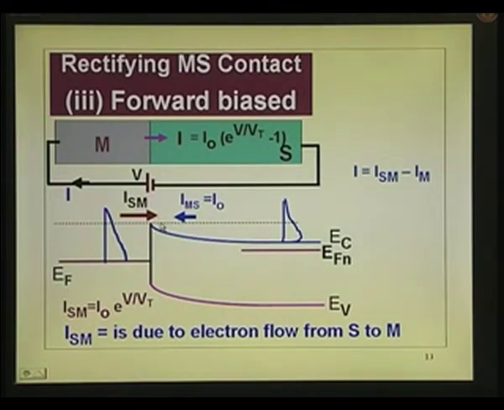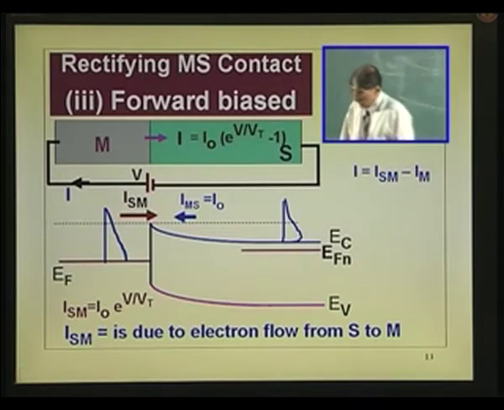So, net current flow is from the metal to the semiconductor. Net current is due to ISM in that direction minus I naught, IMS, in the other direction. So, that is what is put here. So, we have got this equation governing the metal semiconductor contact.